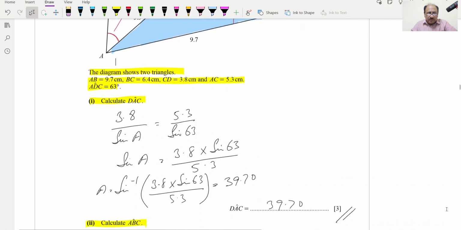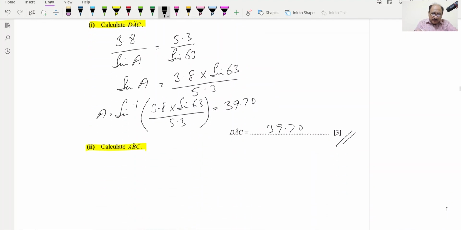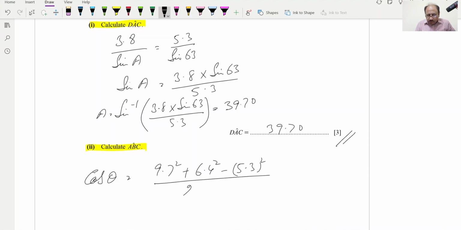So cos theta is equal to one side 9.7 squared plus other side squared minus third side squared divided by 2 into first side and second side being multiplied.